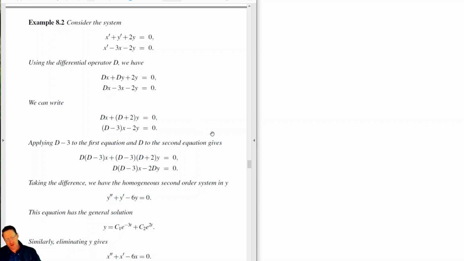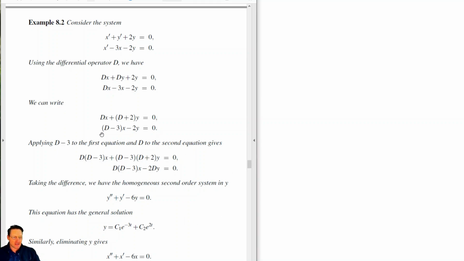Now, we want to solve this via elimination of one of the letters. So we do so by applying the differential operator D - 3 to the first equation. Doing so gives us (D - 3)x, then we have (D - 3)(D + 2) operating on y equals 0.